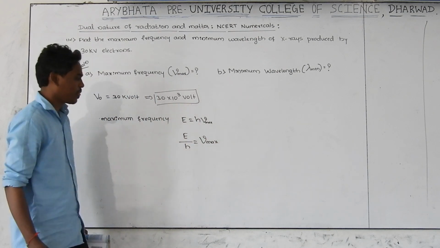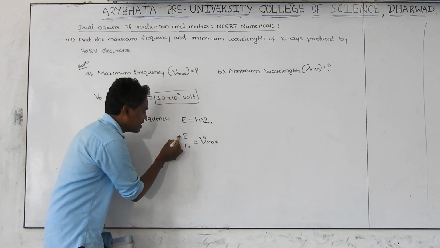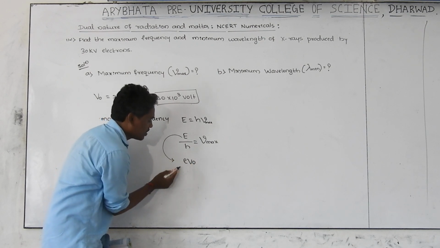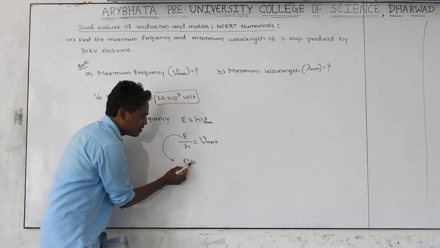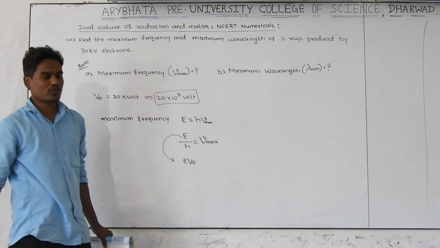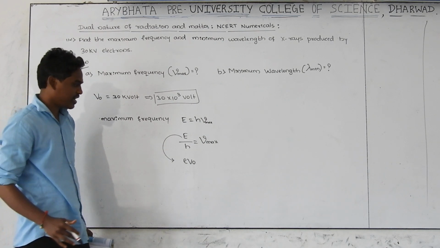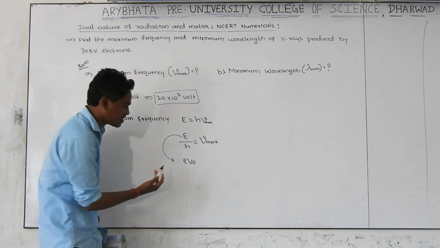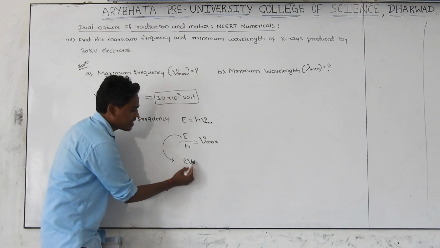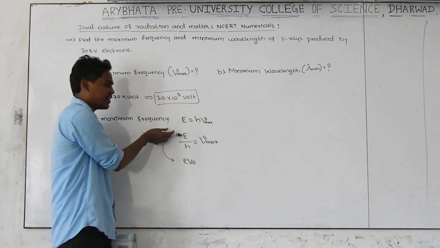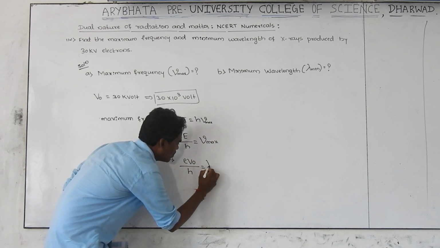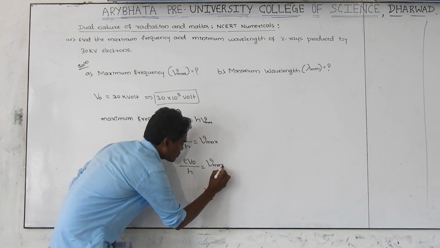The energy can be found as e into V naught, charge of electron into potential difference. This value gives the energy of the X-ray. Dividing this energy by Planck's constant h gives the maximum frequency.